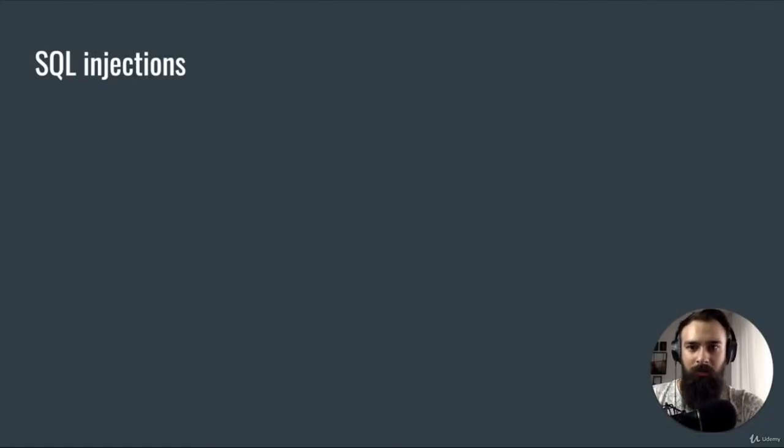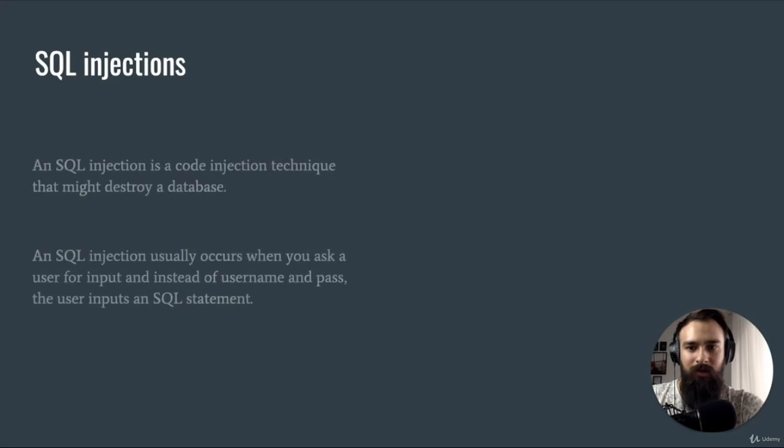And the last topic that we're going to talk about is SQL injections. What is an SQL injection? Well, it's a technique that could destroy a database. It's a piece of SQL code that can be run usually when you ask a user for his credentials and he inputs an SQL statement instead of his username and password.